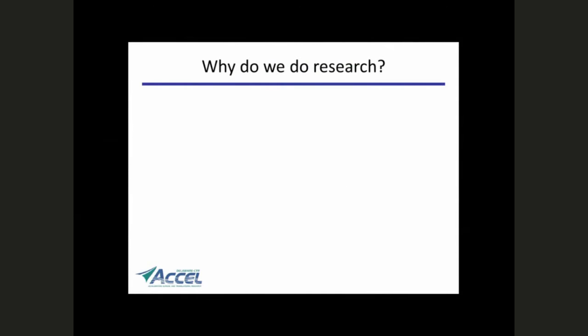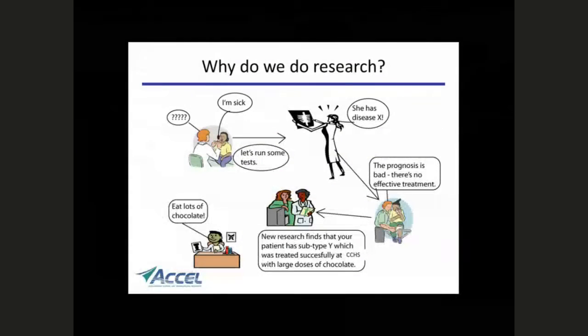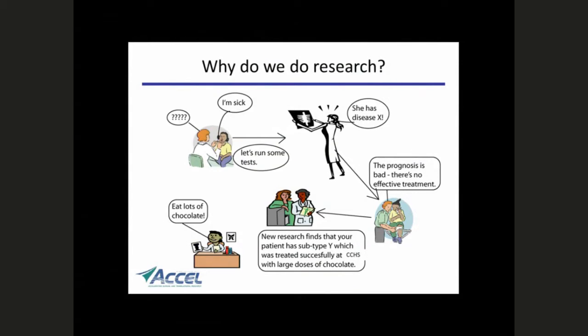So let's start with why we do research. We do research because someone is sick. Right? Something happens, and we want to understand how we can either prevent that person from being sick or treat that sickness so someone gets better, right?